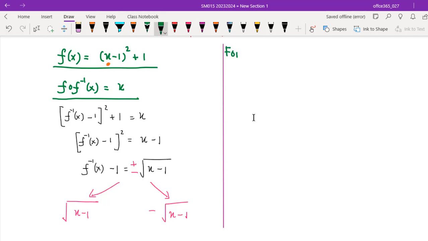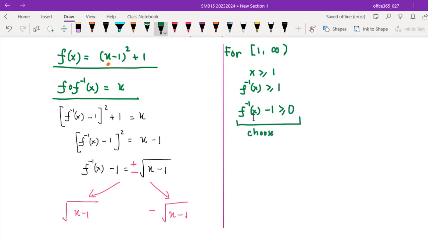For the first one, 1 to infinity, we know that x is greater than or equal to 1. Therefore, f inverse also has to be greater than or equal to 1, so f inverse minus 1 must be greater than or equal to 0. For this case, we have to choose positive. Therefore we choose f inverse minus 1 equals positive square root of x minus 1.